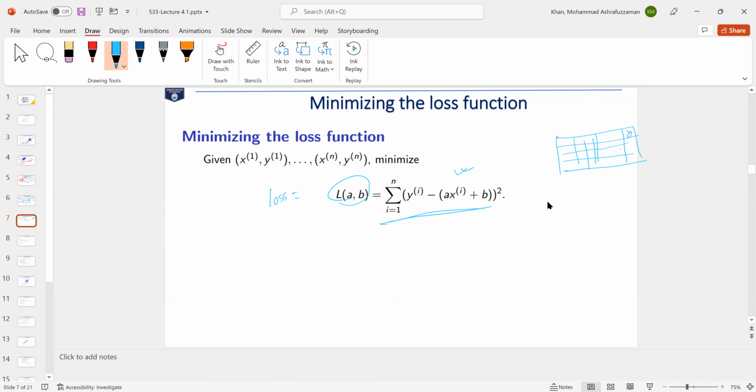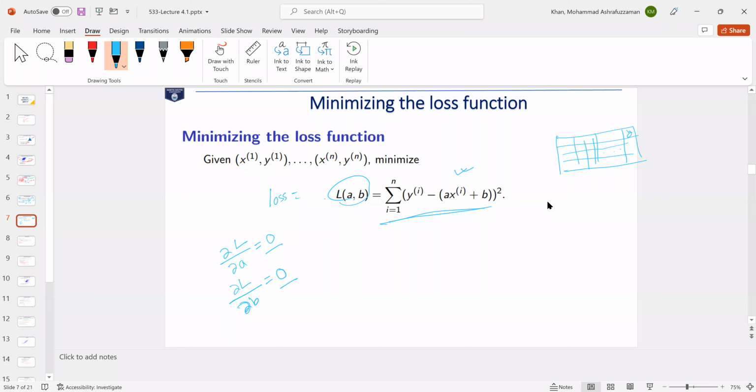Now, if we want to minimize this function, what we can do is take the derivative of this loss function with respect to a, and take the derivative of this loss function with respect to b. And when this becomes 0, and this becomes 0, we minimize the loss function.